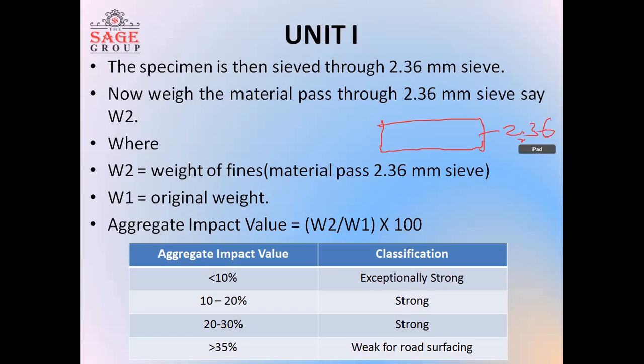The material which comes out from this sieve is collected in a cup or the mold, and the weight of the material collected is noted down. In this procedure, the original weight of the stone before the impact test is taken as W1, and W2 is the weight of the material which passed through the IS 2.36 mm sieve.